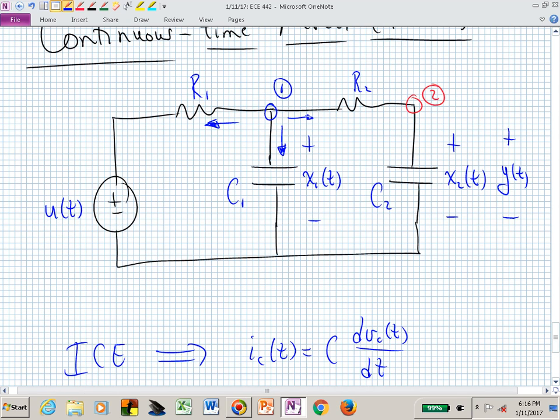What's the current going to the right out of node 1 in terms of x1, x2, and u? We've drawn the current going to the right, so we want to write these equations as if the leftmost node of R sub 2 is the higher potential. So let's now say that's (x1 minus x sub 2) divided by R sub 2 for that current going to the right out of node number 1.